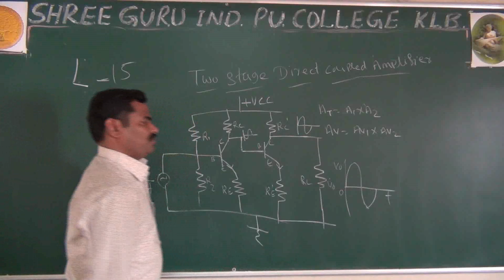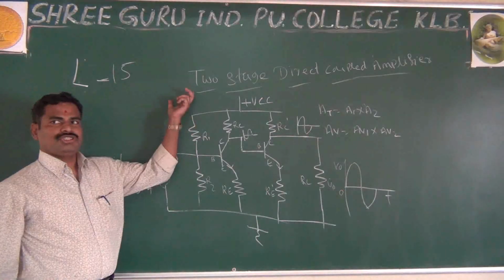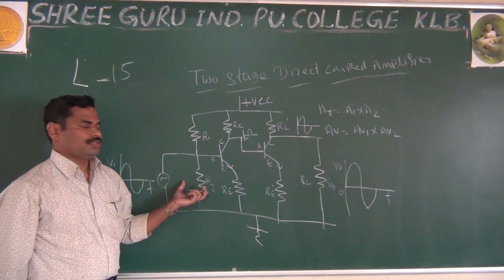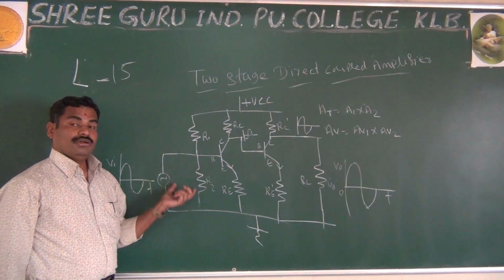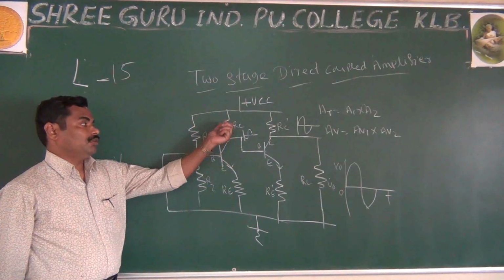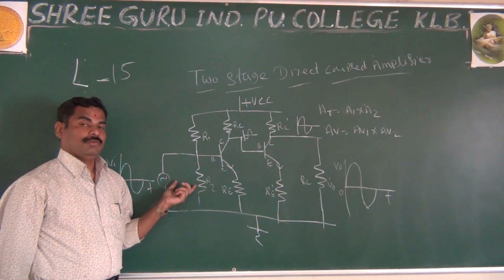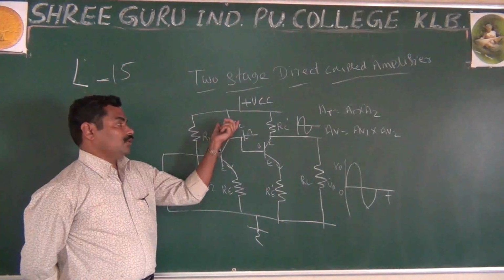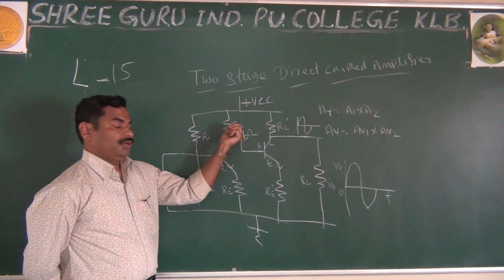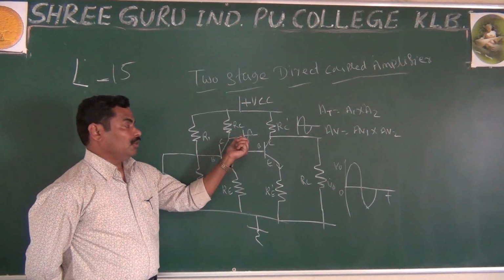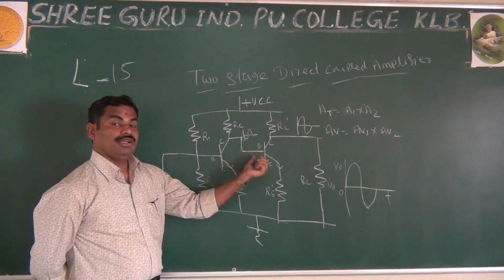This is the working of a 2-stage direct coupled amplifier in a simple way. Very simple. We are applying input to the first stage, that signal is amplified, and the amplified output is taken from the collector, and that output is given to the second stage directly.